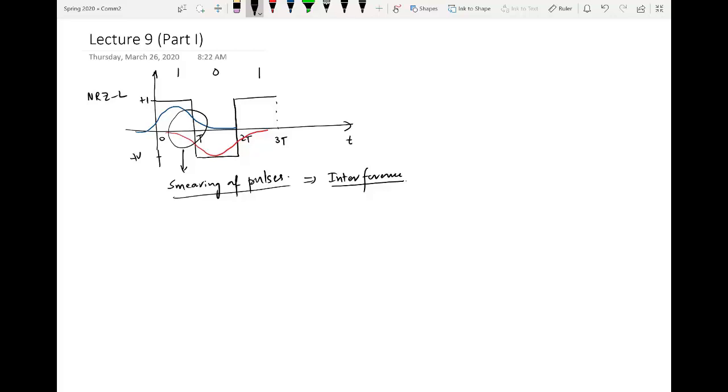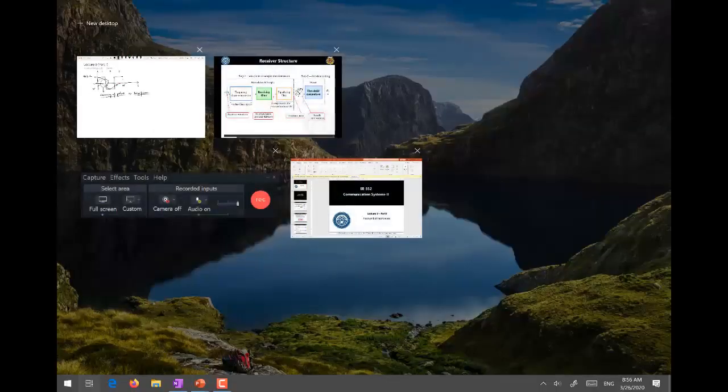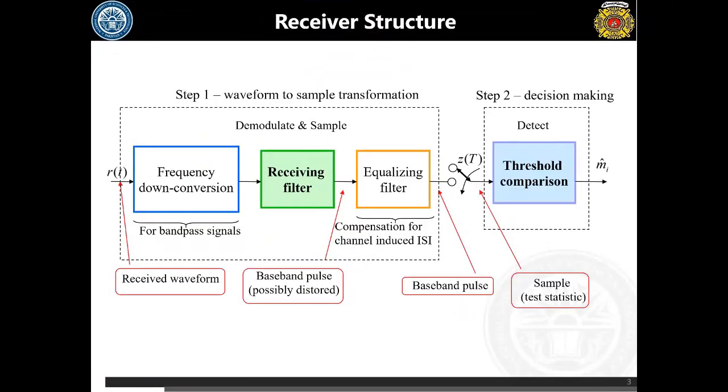To have further detail, let's first have a look at the overall receiver structure that we have already discussed in the previous lectures, and see the point at which we need to insert an equalizing filter, which will be responsible for the mitigation and reduction of intersymbol interference. In this diagram, the received signal is r(t).